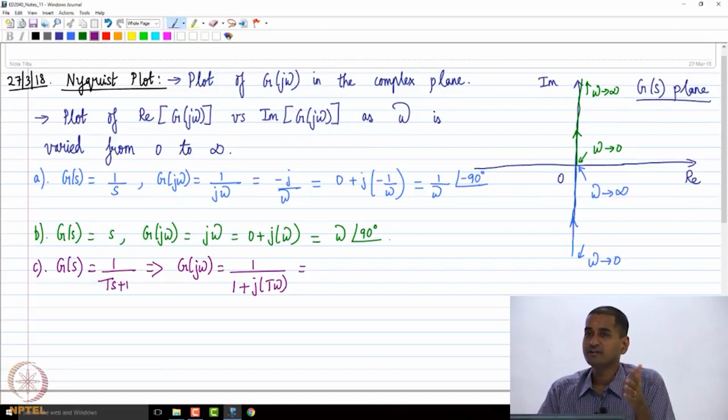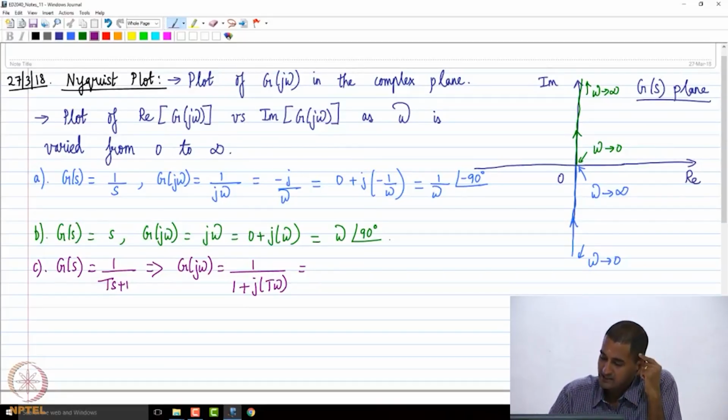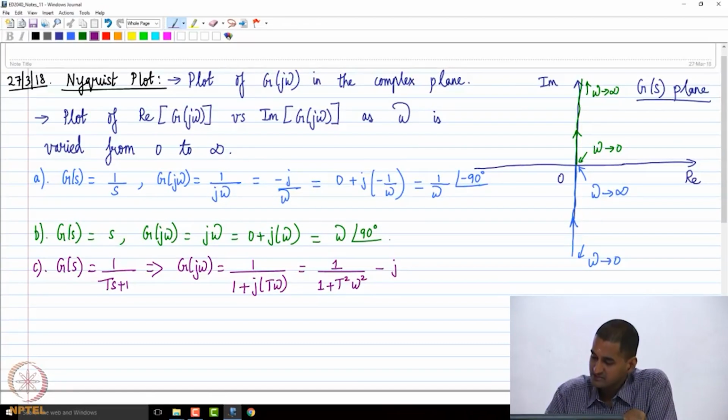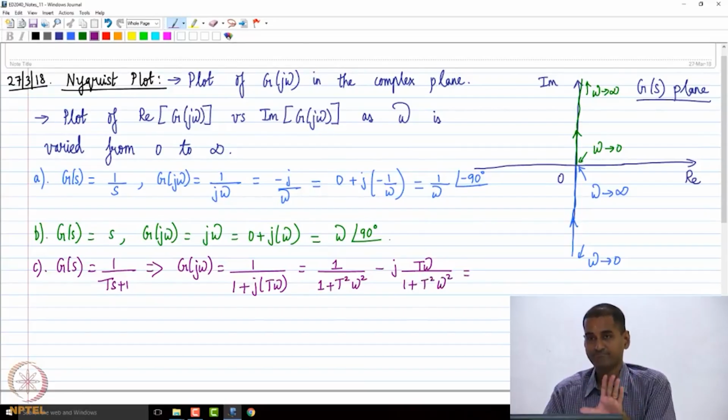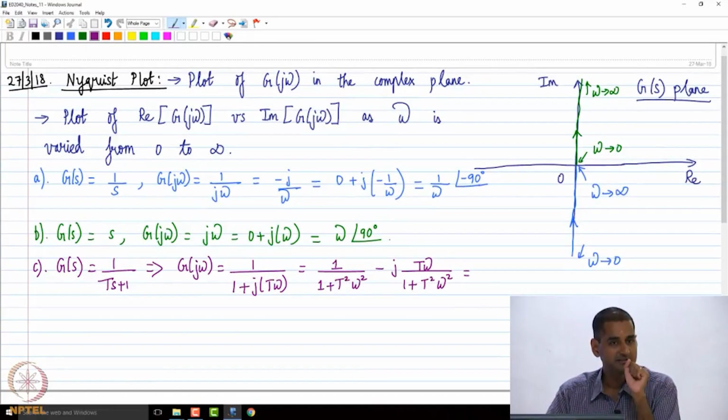So if I multiply and divide by the conjugate, which is going to be 1 minus j times T omega, and then simplify, I am going to get 1 divided by 1 plus T squared omega squared, minus j times T omega divided by 1 plus T squared omega squared. Do you agree? That's going to be the real part and the imaginary part, okay?